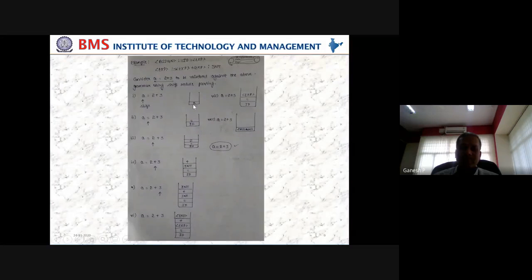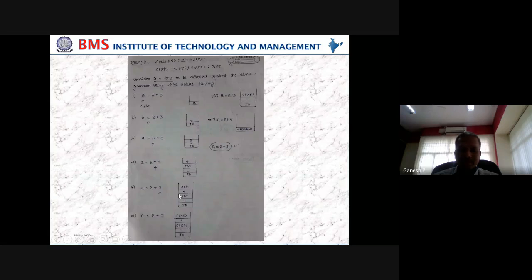And if you see, this is a bottom up approach. We have shifted A first. A cannot be mapped with anything. Next we have the equal to operator, and we have replaced the equal operator. Then we have 2, then we have plus, then we have 3. So A is nothing but an ID, 2 is an integer, plus is an operator, and 3 is an integer.